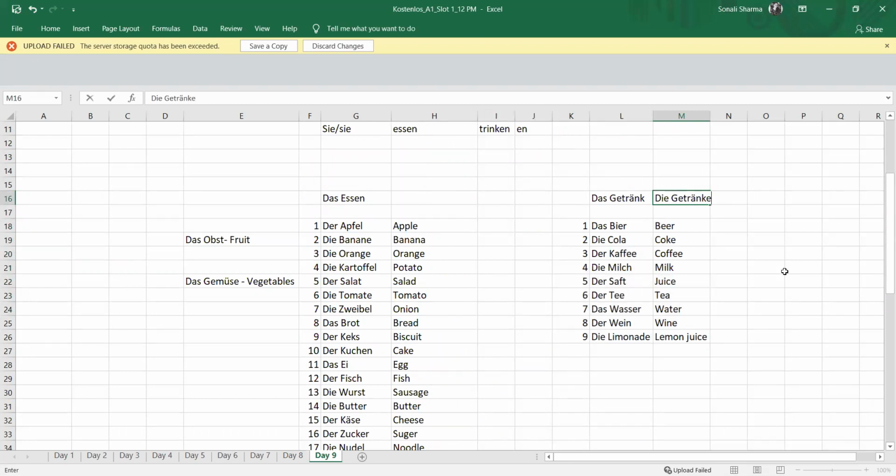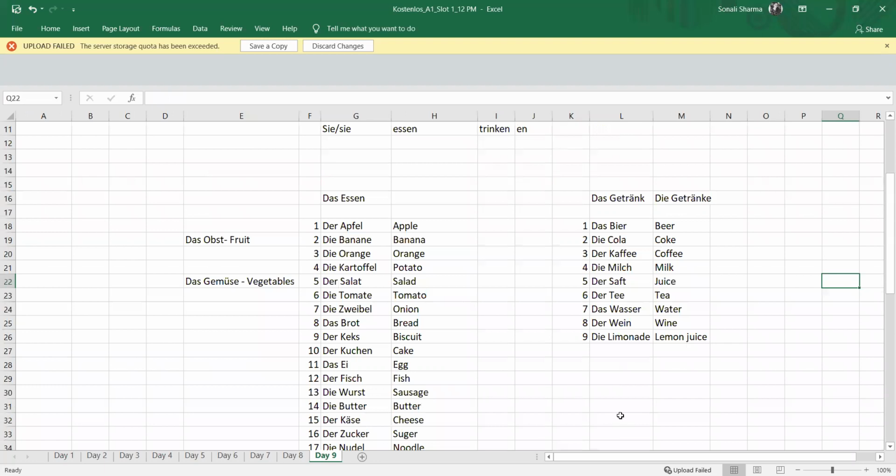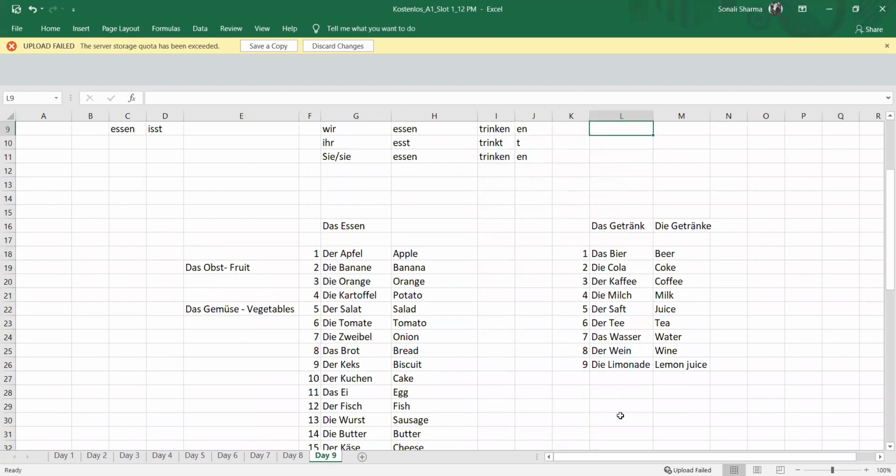Getränke means drinks. I guess we have done this part earlier, Getränke 1, if I remember. This I was talking about: eine Tasse Tee. And this was the conjugation.